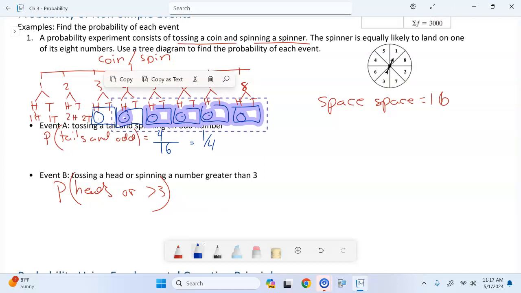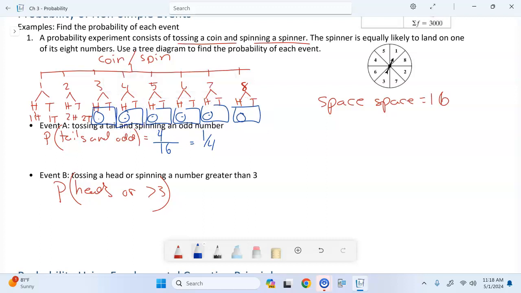So the total number of ways that I can get a heads or a number greater than 3 is going to be all the ones where the number is greater than 3, all 10 of those, plus that heads and that heads there. So we have 12 different possibilities out of the 16. And then we can simplify our fraction, and that gives us 3/4.